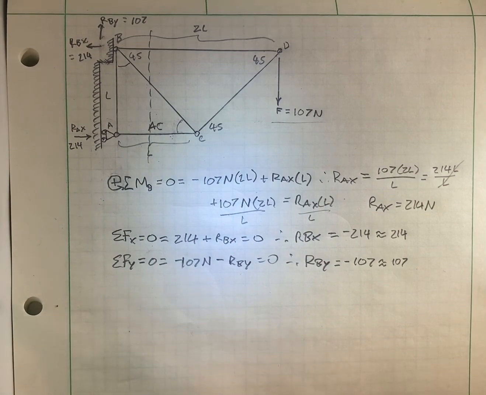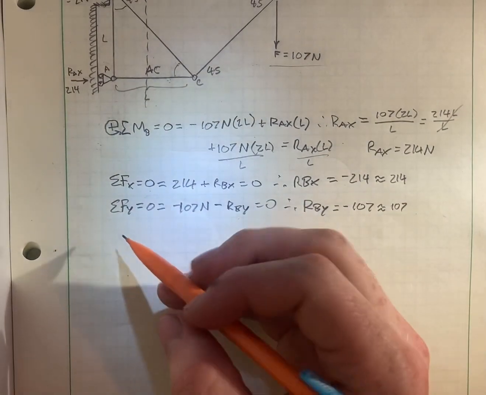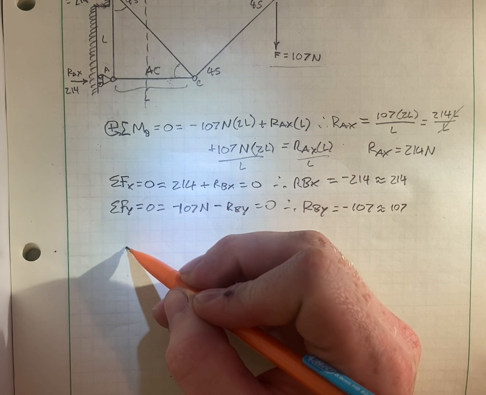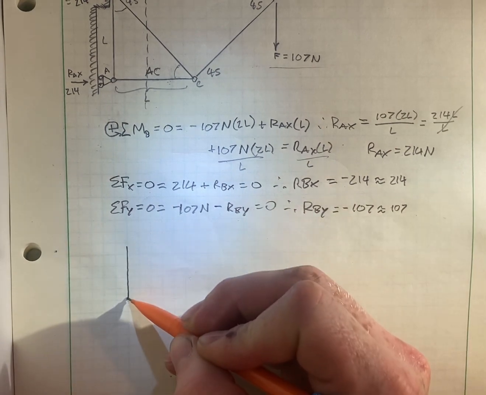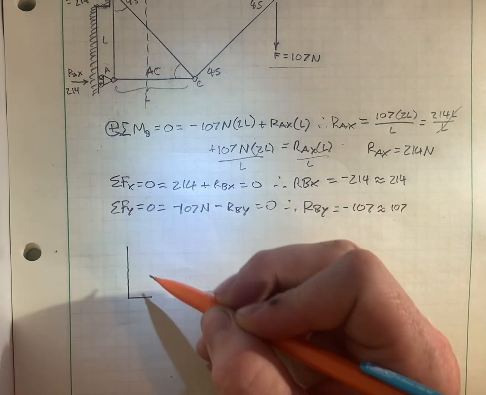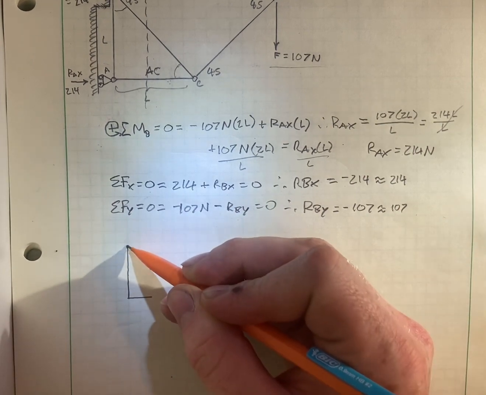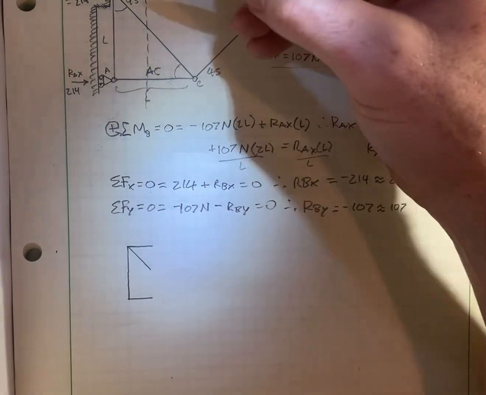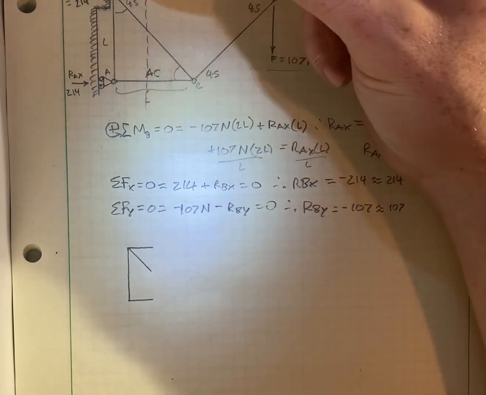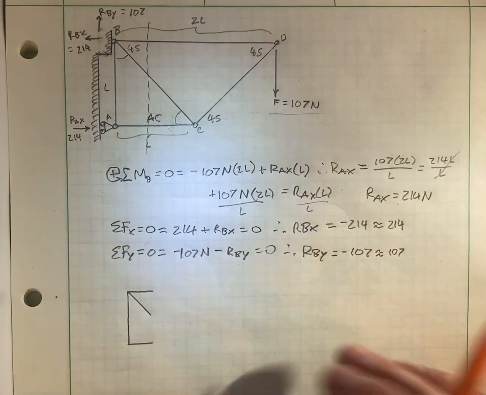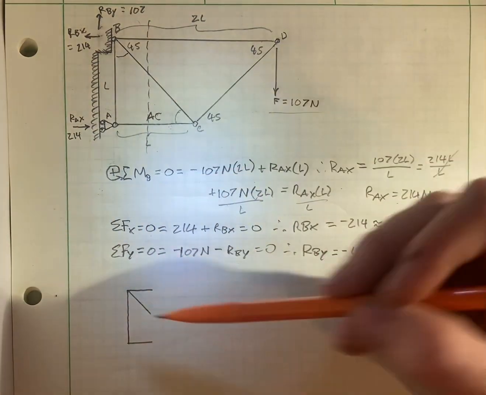So let's draw that down here. We got a thing going like that, and then like this, and then like that, and then like this, right? That's like this thing here that I just drew.